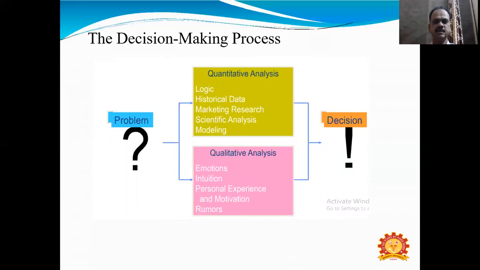So a decision tree can be classified into various categories: root node, intermediate node, and leaf nodes.